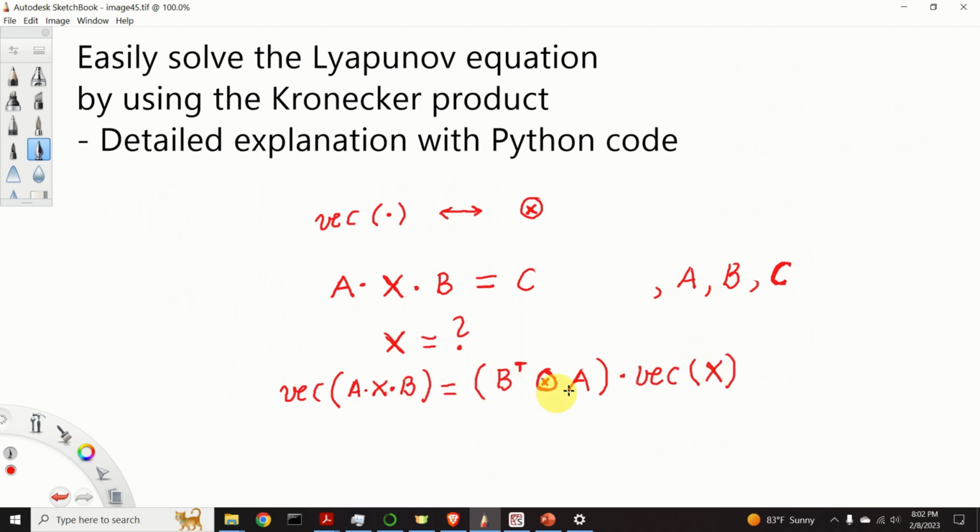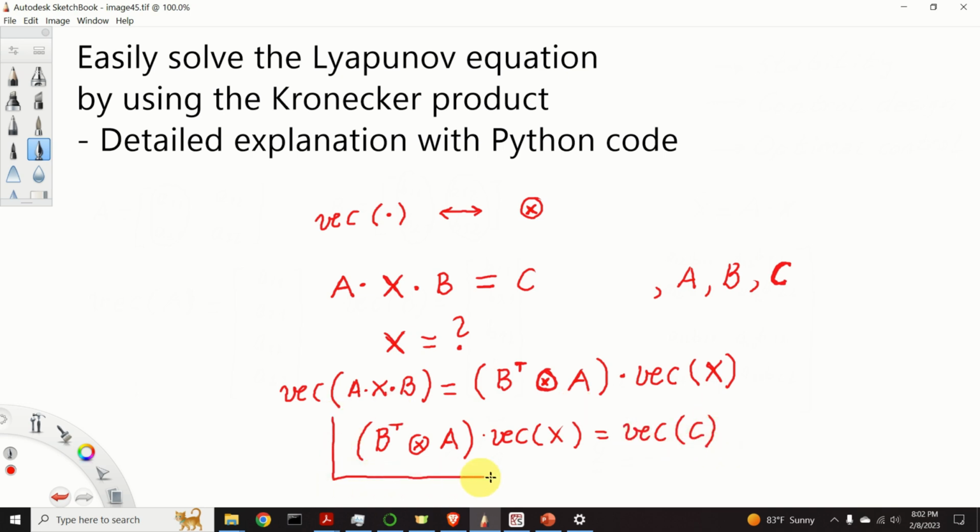By applying this identity to this equation, we obtain B transpose Kronecker A multiplying vec x is equal to vec C. And this is a very important formula that we will use in order to solve the Lyapunov equation.